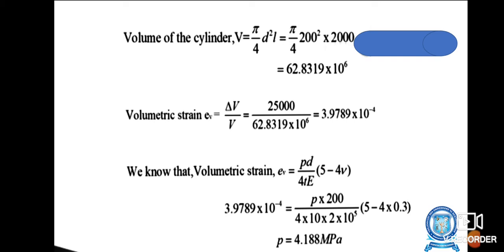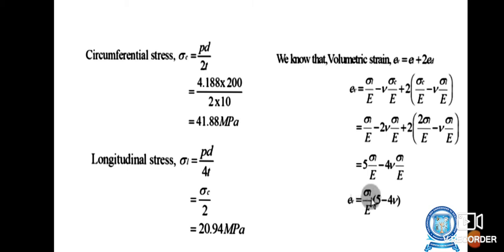We simplify that formula. What is the answer? P is equal to 4.188 megapascal. So we have found the pressure value. Pressure P is equal to 4.188 MPa. Next we find the circumferential stress and longitudinal stress.